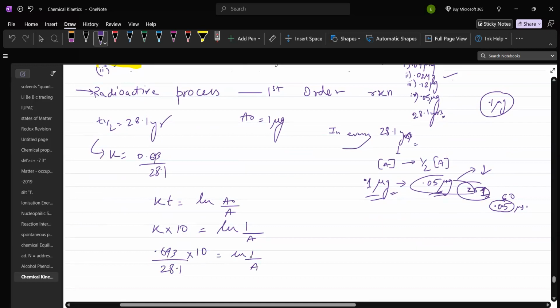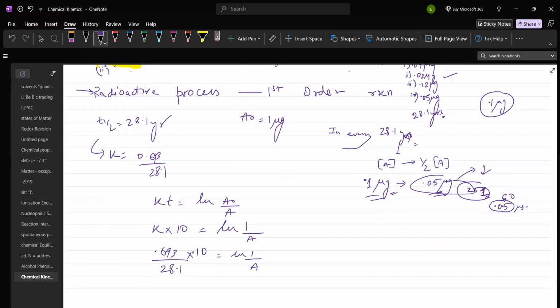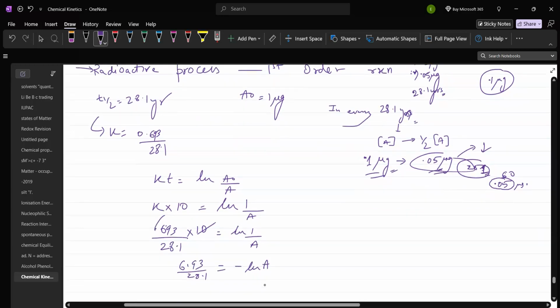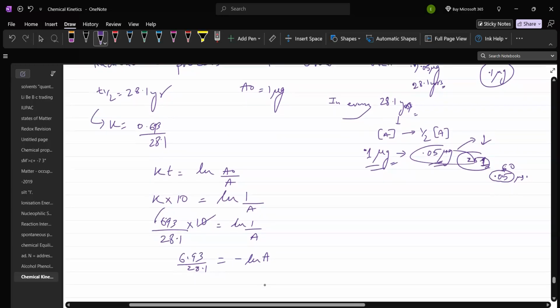So we will remove this 10 and move the decimal here. So we are getting 6.93 upon 28.1. Now we will convert this as minus ln a. Are you comfortable with this operation?